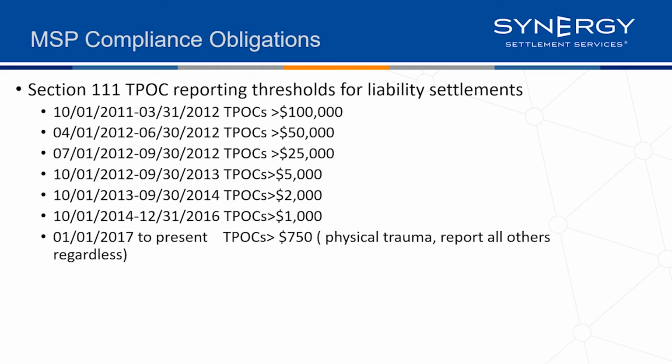In 2011, the liability carrier only had to report settlements that exceeded $100,000. In January of 2017 to the present, the liability carrier has to report any settlement involving a physical trauma that exceeds $750. All other settlements involving a current Medicare beneficiary have to be reported regardless of the settlement amount.